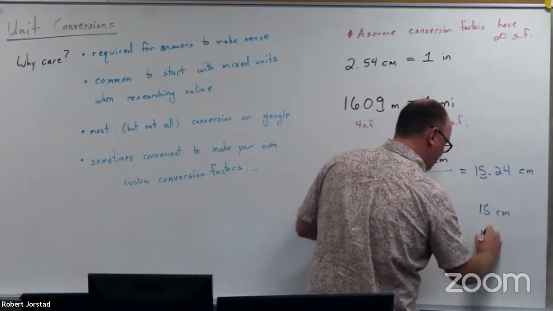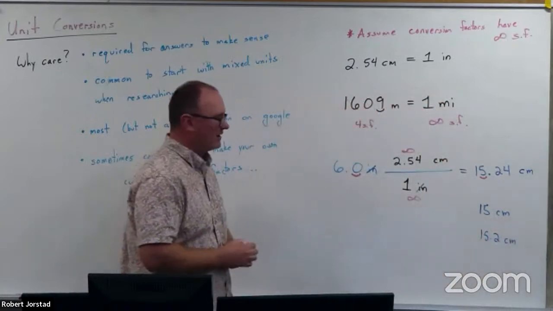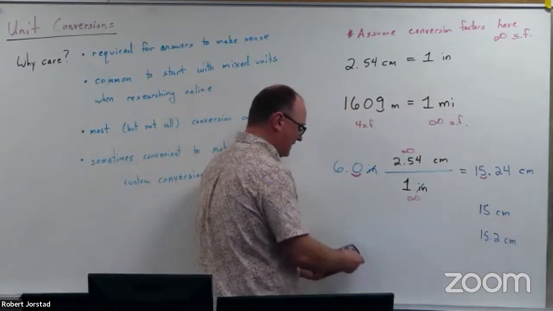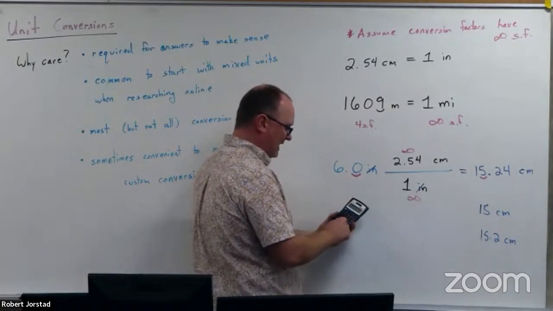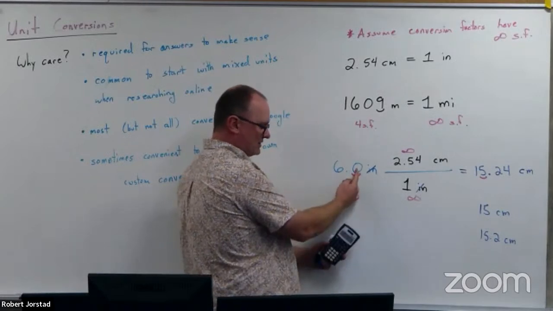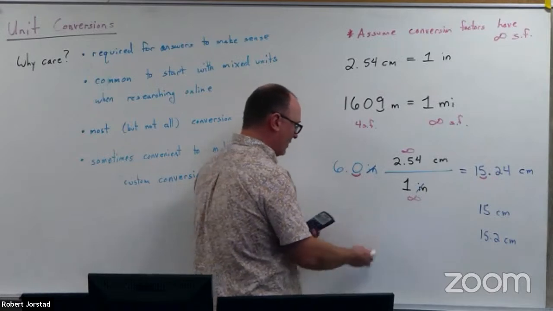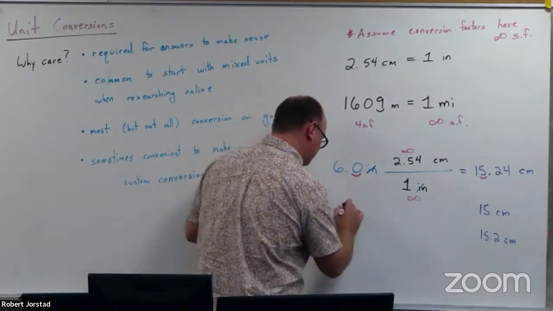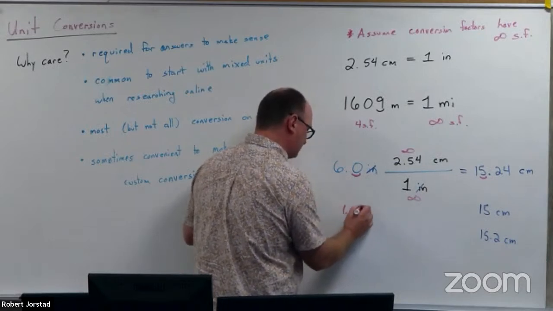Somebody else might call it 15.2 centimeters. And this comes from the error associated with this. If I take 1 and divide it by, 0.1, the 1 in the rightmost column, divide that by 6.0, I get about 1.6%. Let's say 1.7%.